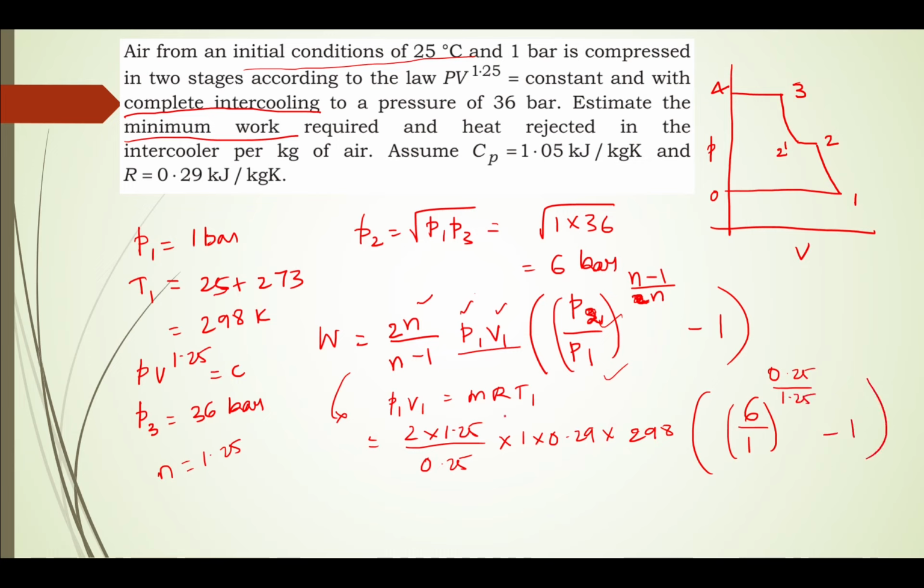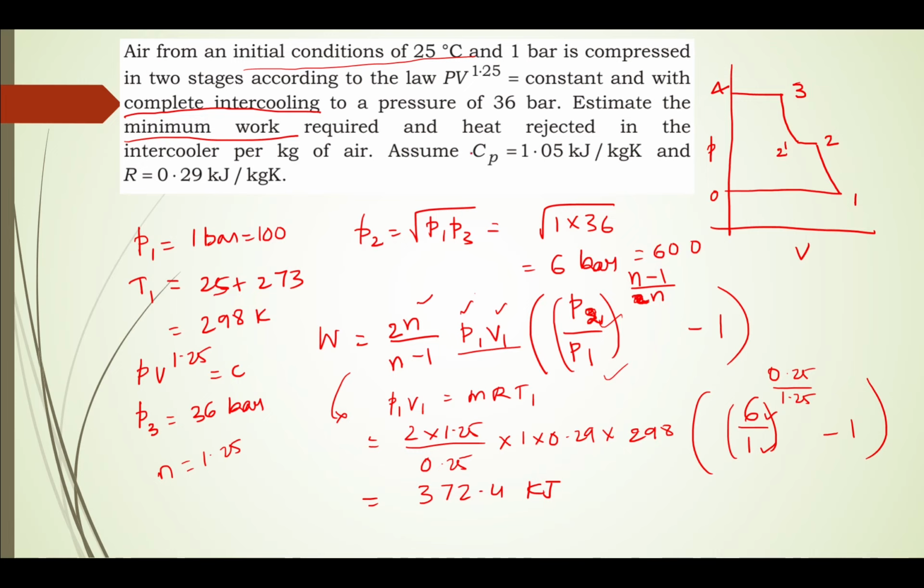We can substitute in bar also, because if you convert to kilopascals, this is 600 kilopascals and this is 100 kilopascals, so 600 by 100 is similar to 6 by 1. Calculating this, we get 372.4 kilojoules. If RPM is given, we can find out the power.